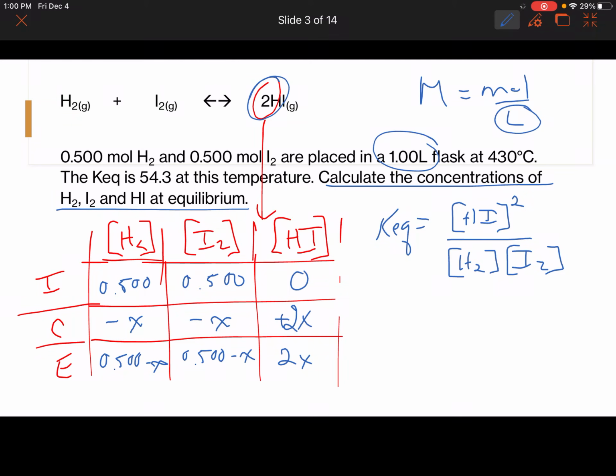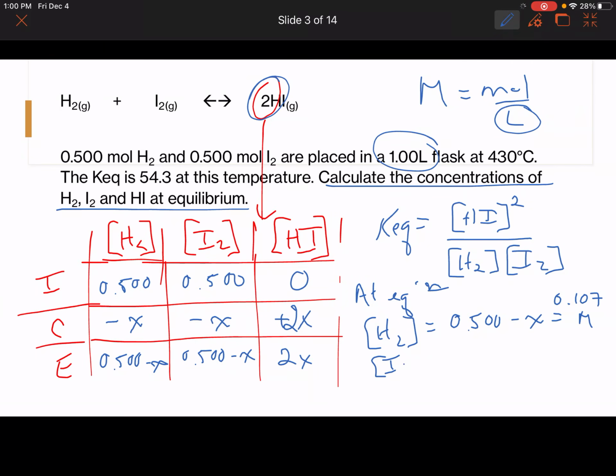So at equilibrium then, the concentration of H2 is equal to 0.500 minus x. So 0.500 minus x is going to be equal to 0.500 minus 0.393. So it's going to be equal to 0.107. And the unit for that is molar, or moles per liter.